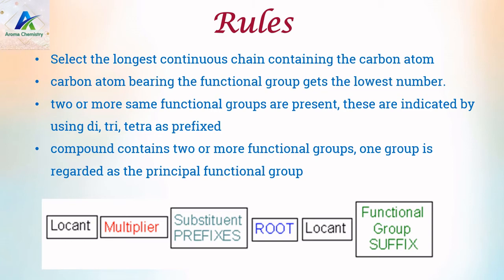First is a functional group, and next is a double bond, then triple bond, and finally the side chain. Finally, we conclude the order, that is locant, multiplier, substituent prefix, root word, then locant, functional group suffix.